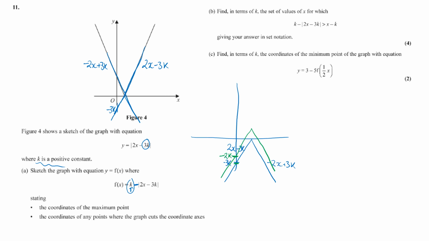So you're asked for where it cuts any of the coordinate axes. You're also asked for the maximum point. So the maximum point we're going to work out by looking at this place here, which is here on our original graph, and that is where the 2x minus 3k is equal to 0.